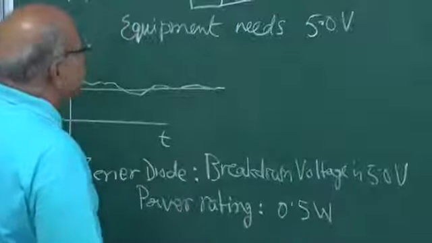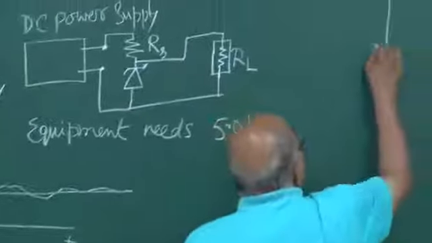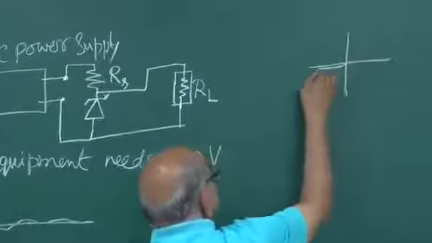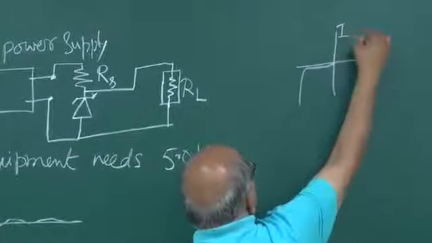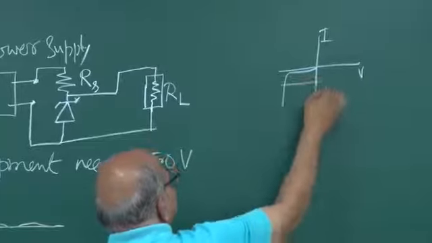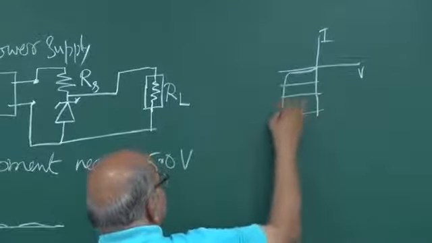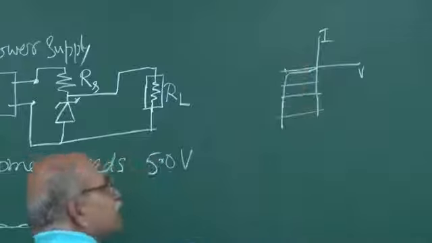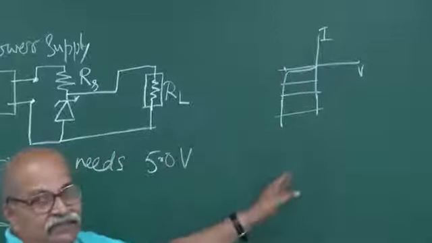That means in the Zener, when you are sending current, this is I and this is V, this is reverse bias. The current can be this much, this much, this much at almost the same voltage, current can be anything.